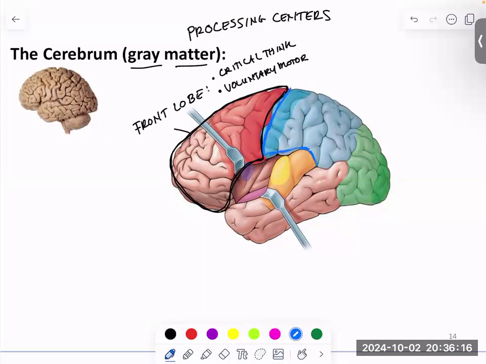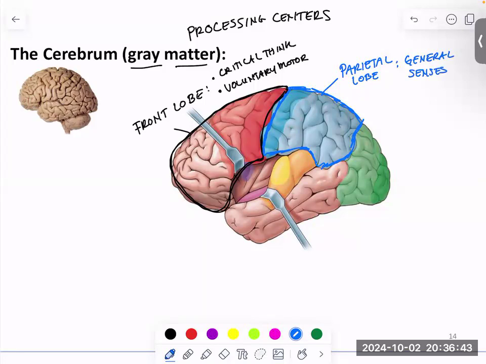In blue, side of the head, top side of the head. What's the bone that covers that called? That is your parietal lobe. Your parietal lobe. Primary thing. General senses. Touch, temperature, pain, pressure.